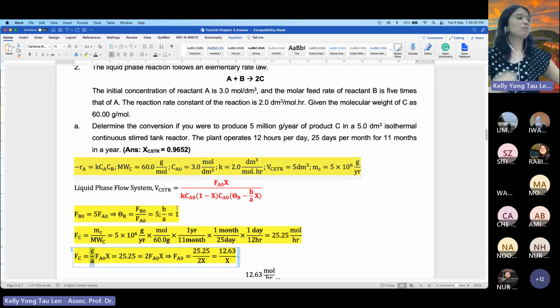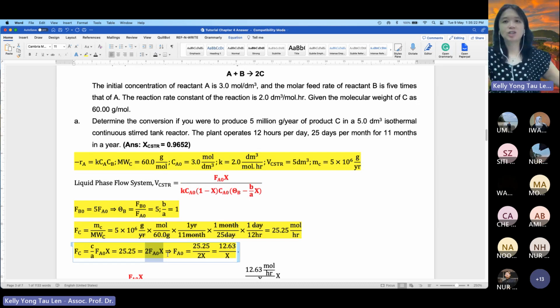So your C per A, if you look from the table, C per A kamu adalah 2/1. Okay, so kamu tengok sini apa yang saya buat. FC equals to 25.25 from the calculation here equals to 2FA0X sebab C per A saya adalah 2. Okay, 2/1 actually. So it becomes 2 lah kan. Okay, so then don't forget saya nak cari apa? FA0. So saya kena solve, maka saya dapat correlation saya FA0 equals to 25.25 divide by 2X daripada correlation ni.